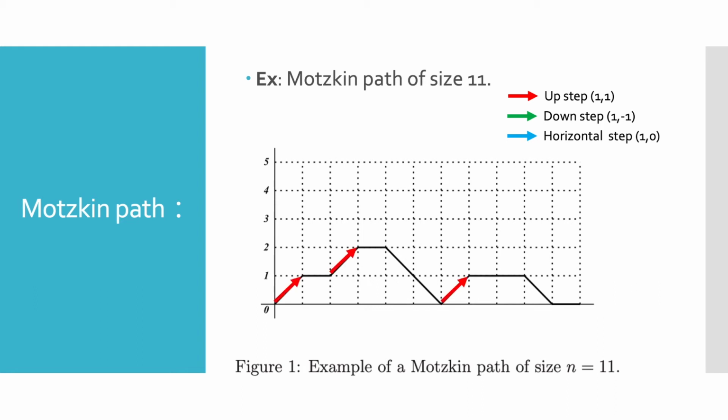You can see that the red is the up step, the green is the down step, and the blue one is the horizontal step. In total, this mosaic path has size n equals 11.